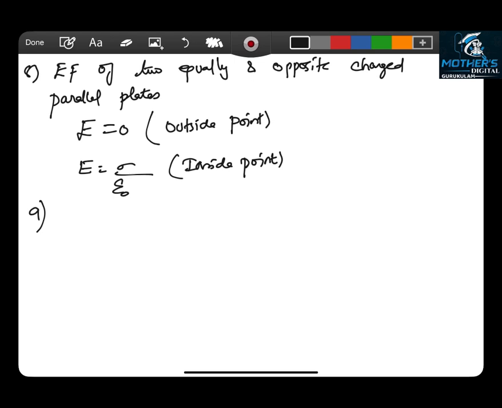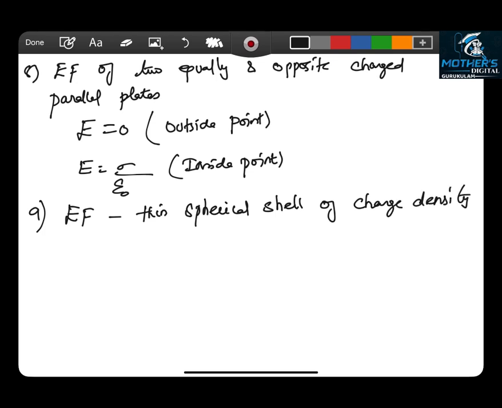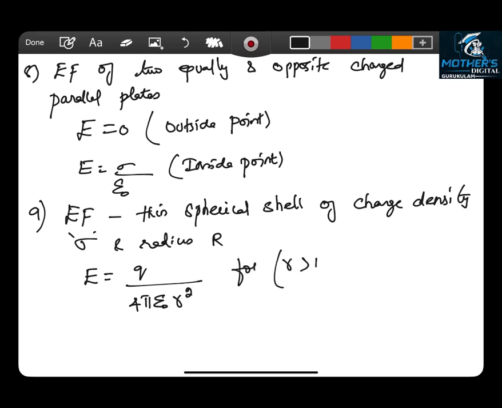The next formula, electric field due to a thin spherical shell of charge density sigma and radius R. So I can write my electric field as Q by 4 pi epsilon naught r square for r greater than R. Small r represents the distance between the source charge and the test charge, and capital R represents the radius of the spherical shell.